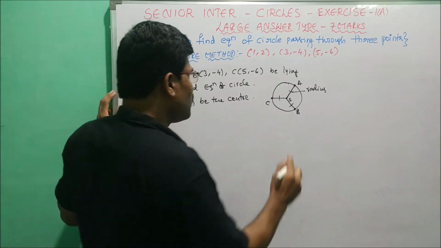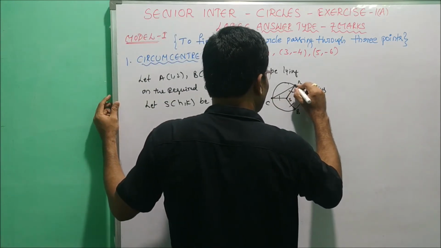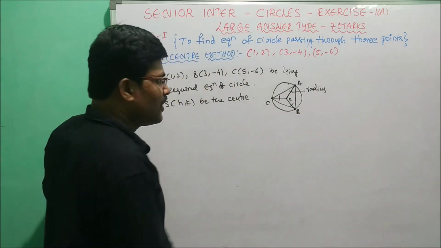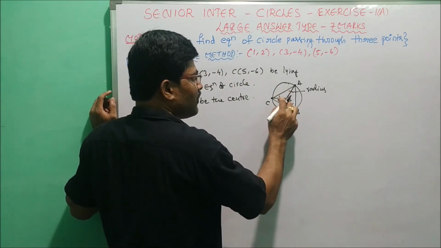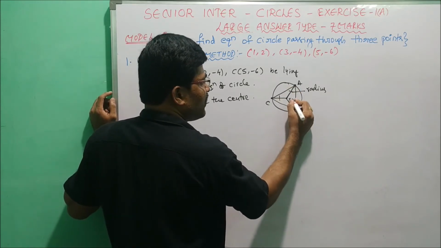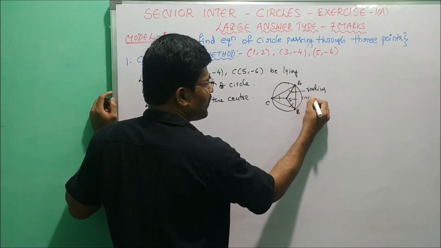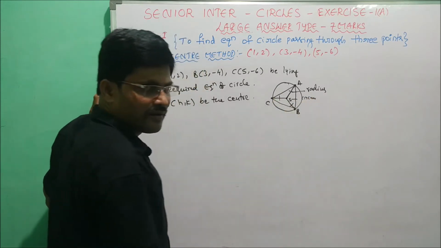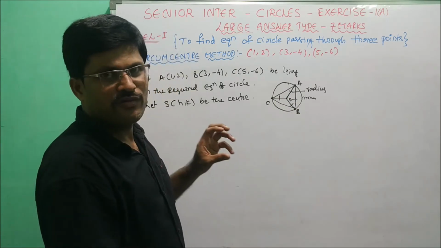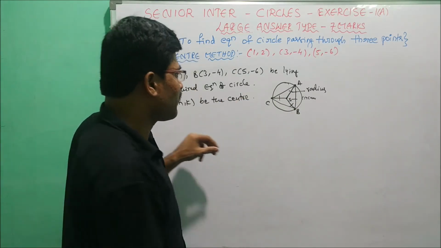And also clearly we observe, we join all the points. This forms one triangle. Here S is the center, which is equidistant from all vertices. Therefore S is called the circumcenter. Circumcenter is the point of intersection of the concurrent perpendicular bisectors.